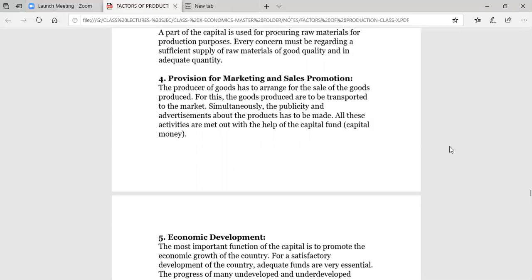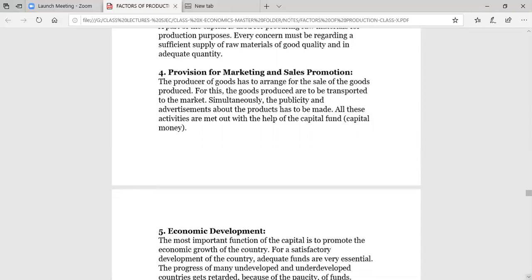Capital contributes a lot to this marketing and sales promotion, because it requires huge money to market your product to a large extent. And to promote the sales, you have to give certain offers. These all require good funds. And the capital fund gives you that benefit, which will be required for marketing and sales promotion of your finished product.